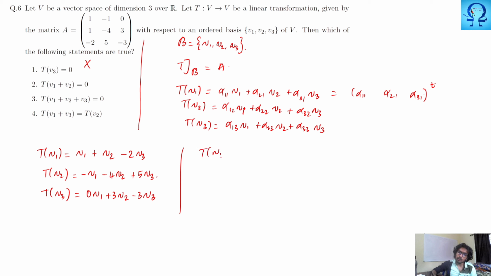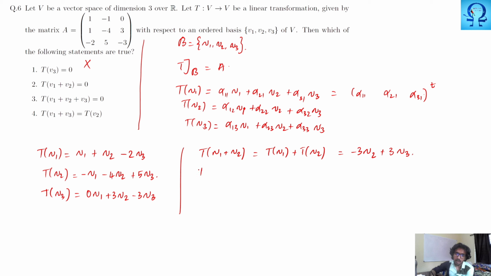T of v1 plus v2, it is clearly given that T is a linear operator, right? So it is a linear transformation, so this can be written as T of v1 plus T of v2. So if you just add these two things, you would get minus 3v2 plus 3v3.